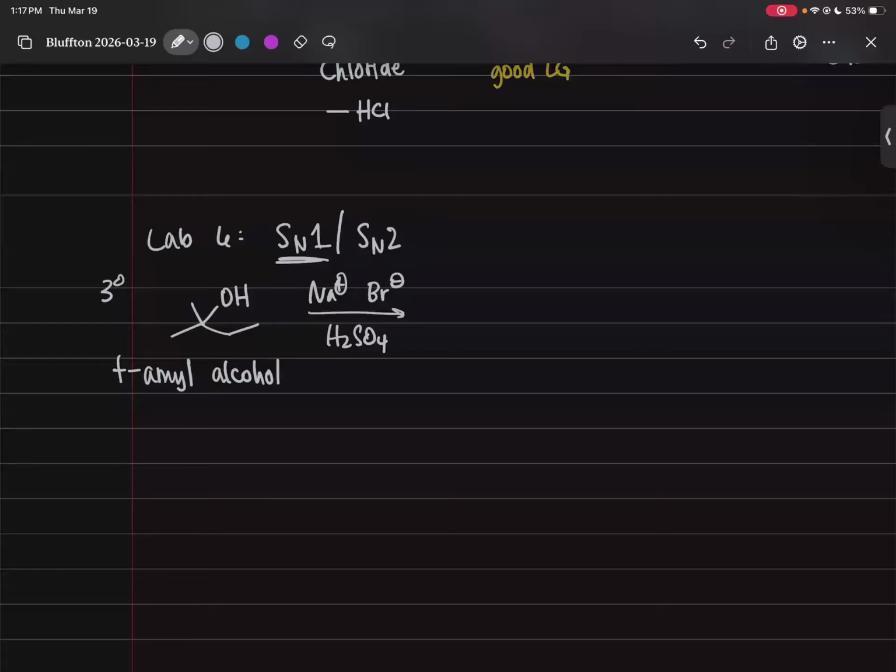What's the first step in an SN1 reaction? Loss of a leaving group to form a carbocation. Do we have a good leaving group? No. Uh-oh. What do we do? This is where the sulfuric acid comes in, and this is why you have to add sulfuric acid to this reaction to get it to work.